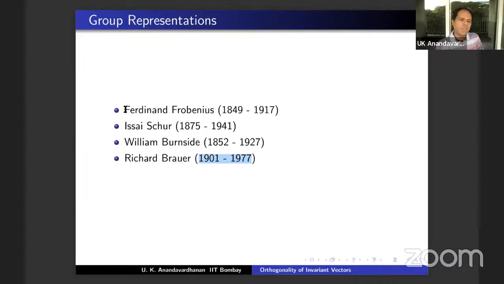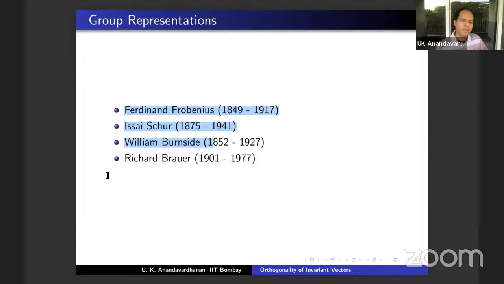And the first three, Frobenius, Schur, and Burnside, they are all in ordinary representation theory, meaning complex representation theory or characteristic zero representation theory. And Brauer is the one who developed P modular representation theory, when P divides the cardinality of your group. So Brauer is different, and it's a bit later, as you can see.